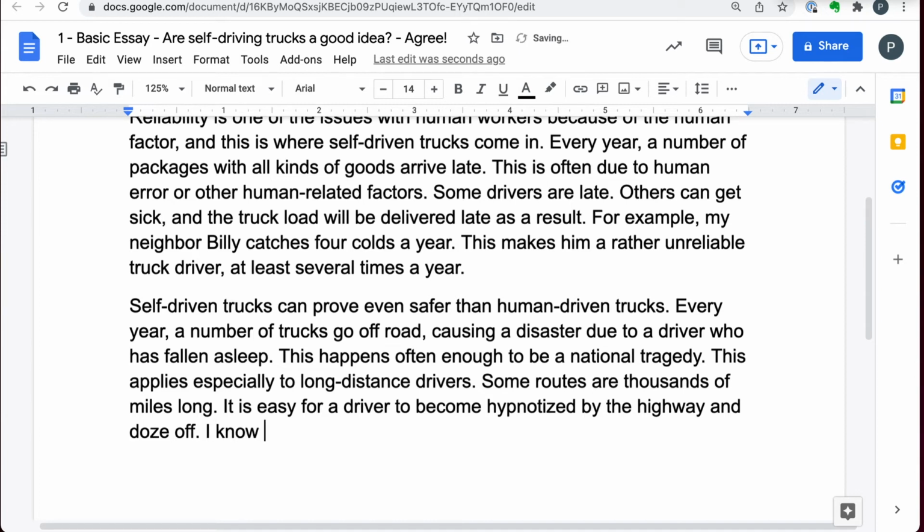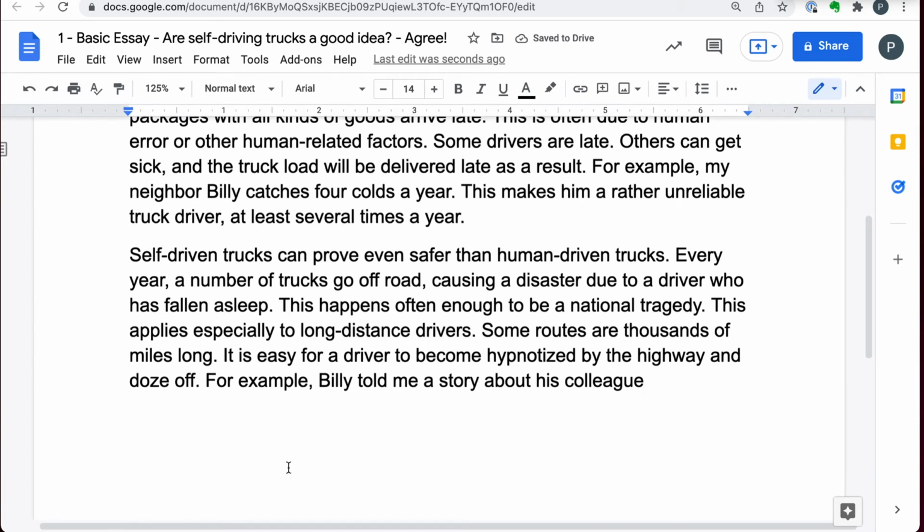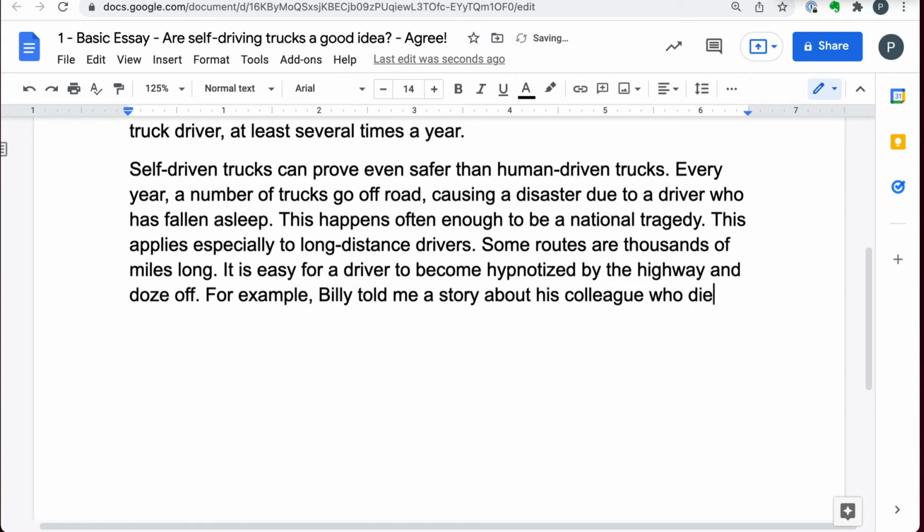I can do an example again. For example, Billy, whom I already mentioned, told me a story about his colleague, meaning another truck driver, who went off the road once after dozing off.